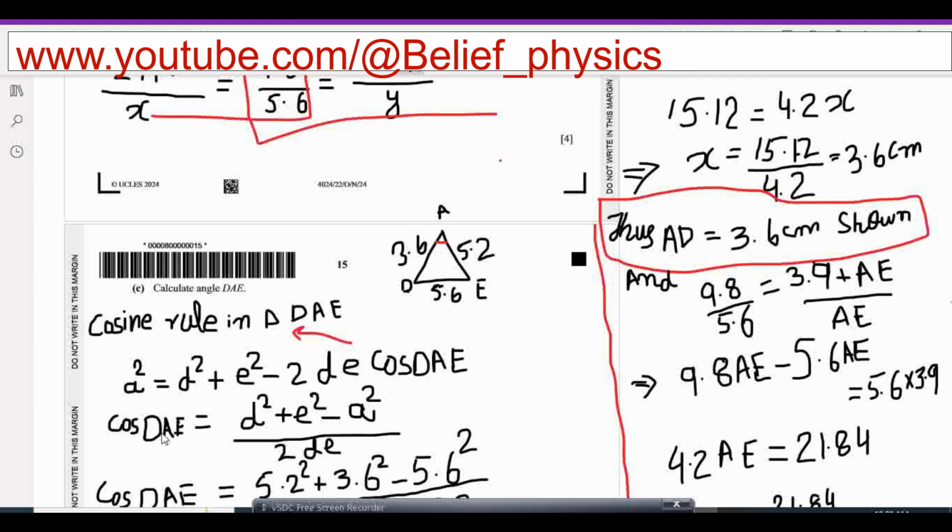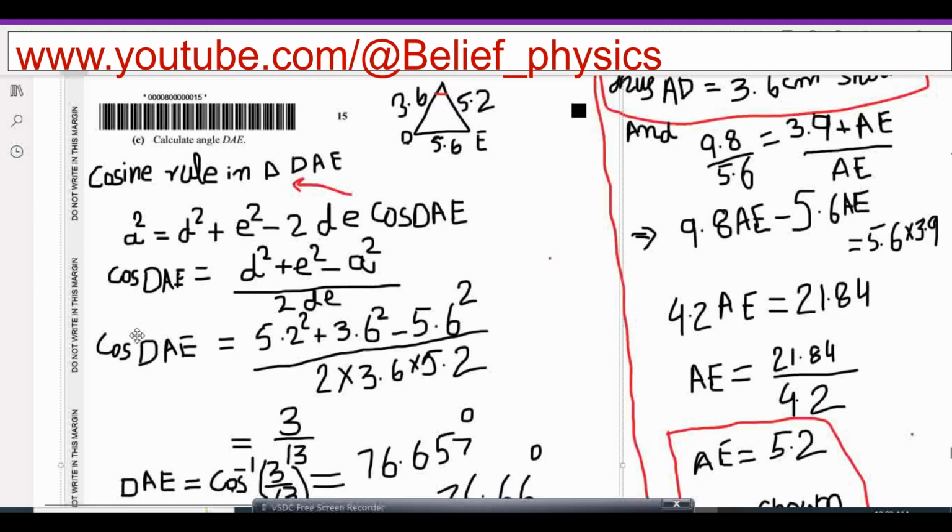When we simplify it, we find cos DAE is equal to (d squared plus e squared minus a squared) over 2de. Just plug in the values from the triangle: cos DAE is equal to (5.2 squared plus 3.6 squared minus 5.6 squared) over (2 times 3.6 times 5.2). With a calculator, it comes out as 3 over 13.